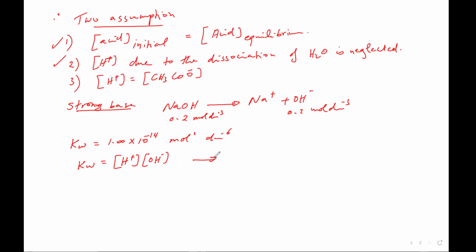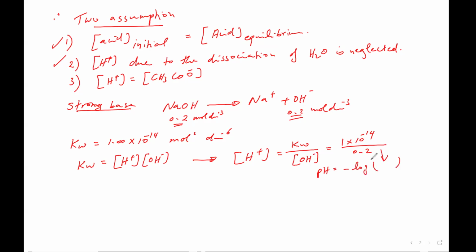This means that the concentration of the hydrogen ion is equal to Kw divided by the concentration of the hydroxide ion. The Kw is 1 times 10 to the power minus 14, and you substitute by the concentration of the hydroxide ion, which is the same as the concentration of sodium hydroxide, 0.2. You get the hydrogen ion concentration, from which you see that the pH is equal to minus log the value that you get here. So this is how to calculate.